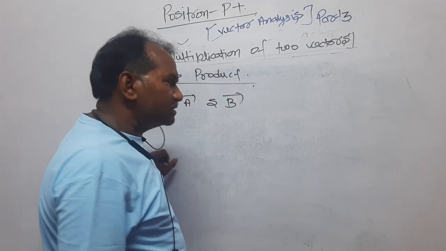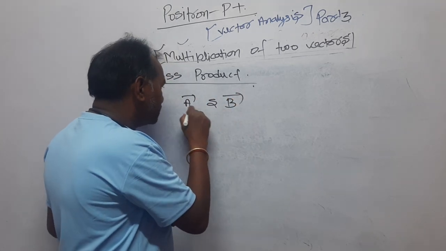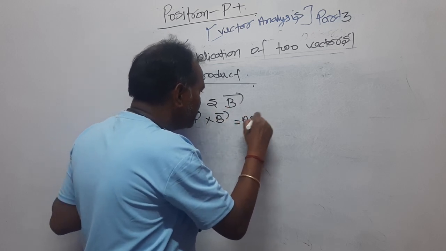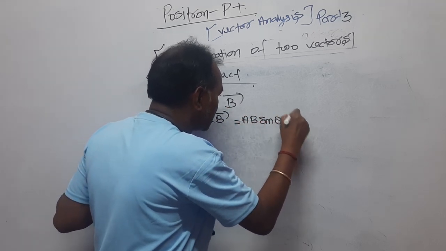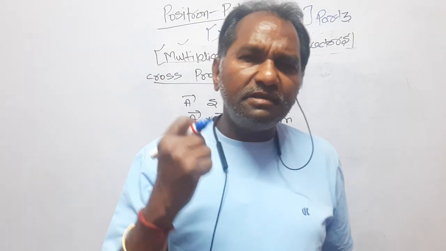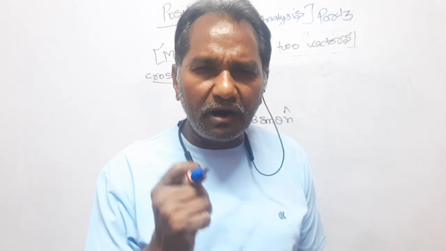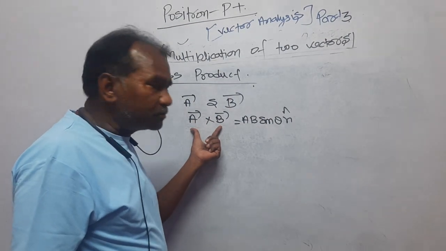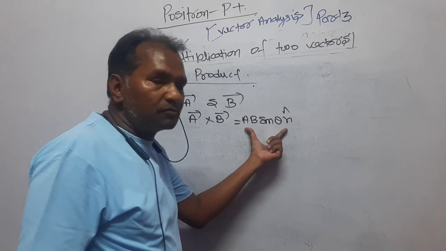Their cross product is written as vector A cross vector B, that is equal to AB sin theta n cap. Dear students, cross product is also called the vector product. Why? Because the cross product of two vectors results in a vector quantity.